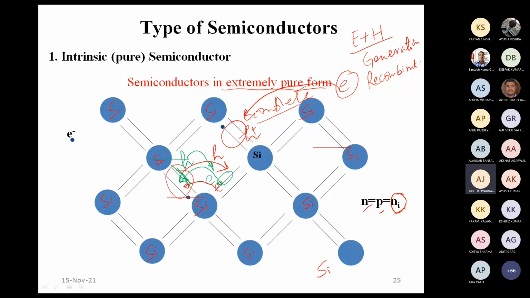So these carriers can be generated together and recombined together. In the process, the electron and hole carriers are essentially equal in pure semiconductors, because electron holes are generated together and disappear together.